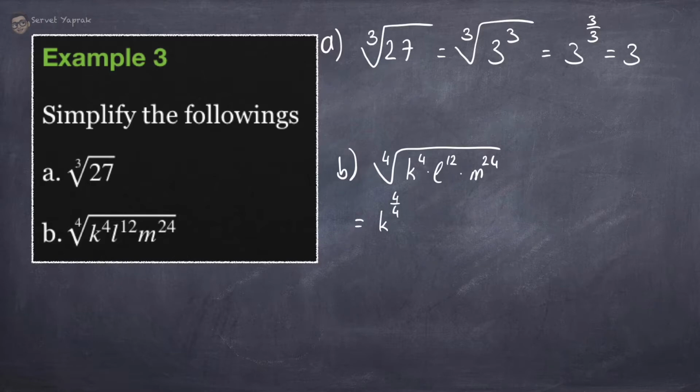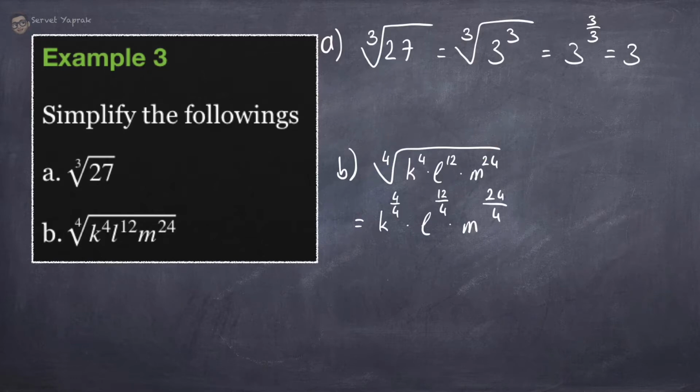So basically we will write k to the power of 4 over 4 because there is power 4 of k, and the degree of the root is 4. So we will write k to the power of 4 over 4 as a fractional power. Next, L to the power of 12 over 4. And finally, m to the power of 24 over 4.